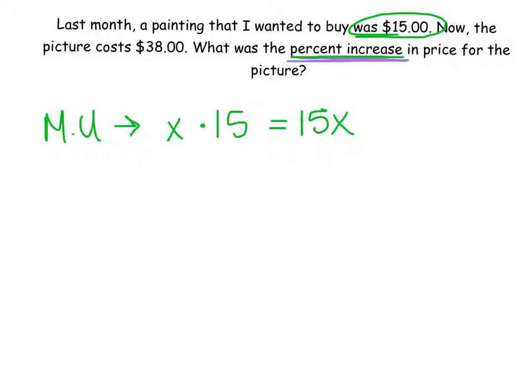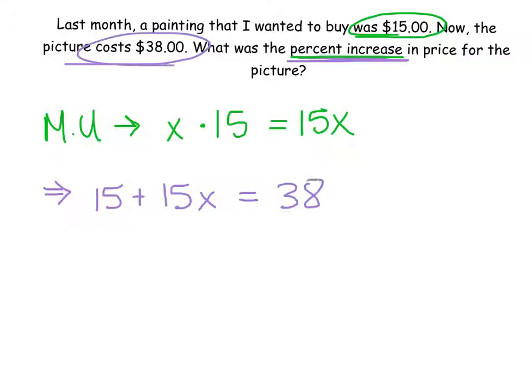We then take that markup and put it into our equation. So we take our initial, was 15, plus, because it's going up, our markup of 15x equals the new cost of $38.